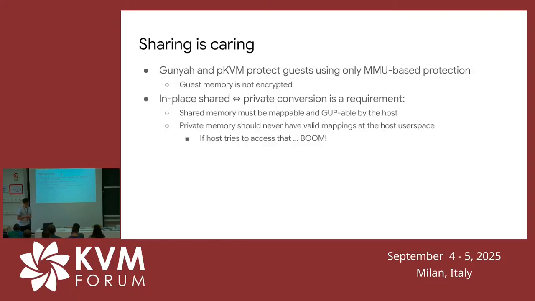So in-place shared to private conversions become a requirement in this case. And because we also want to support non-Coco VMs, and everything that a VM would normally do with a user space address, shared memory must be mappable and guppable by the host. But even with this in-place sharing, we must still uphold the original intent of guest memfd, which is that guest private memory should never have valid mappings in host user space.